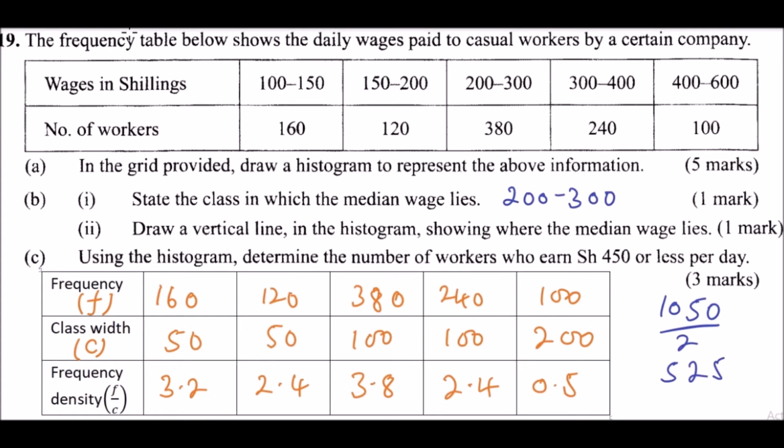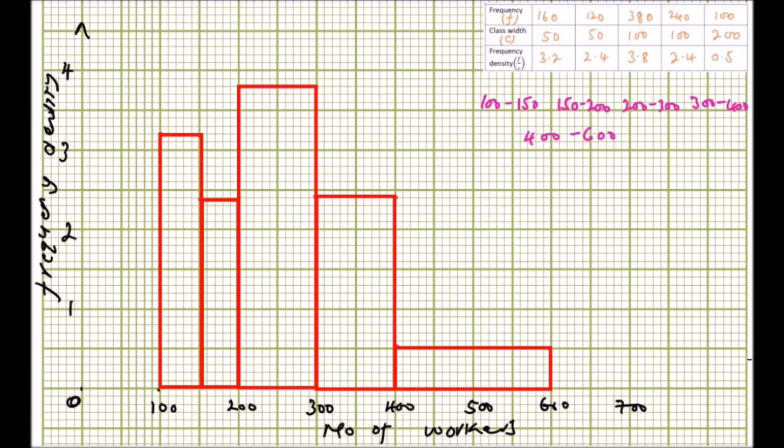Roman number 2, draw a vertical line in the histogram showing where the median wage rise. So the median wage rise at 525. So let's go back to the grid and do that. To get the median mark, we are going to take 600 minus 100, that is the highest data and the lowest data. You'll be able to come up with 500.